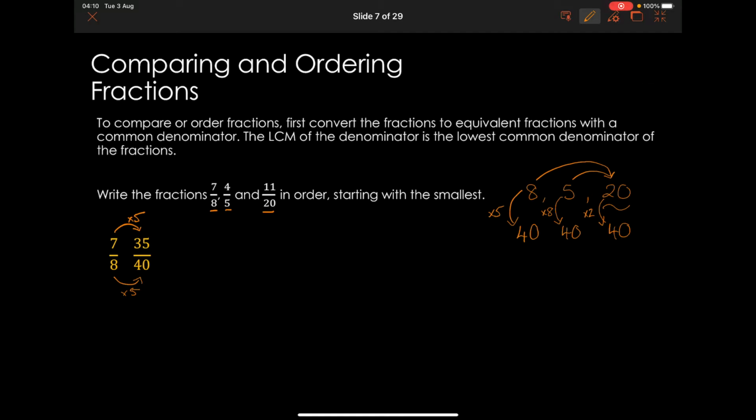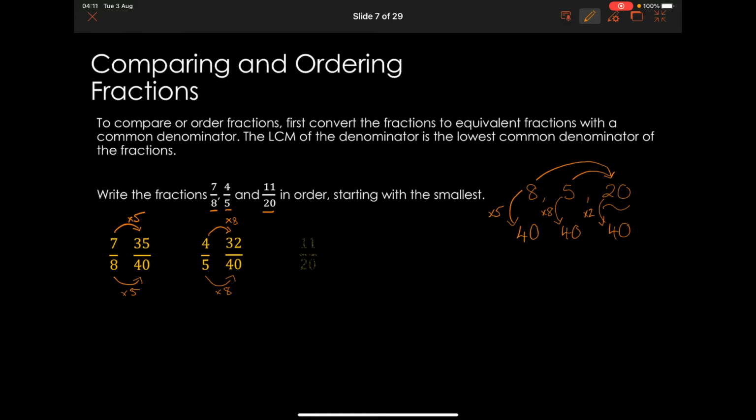So that means I would have to times that number by 5 as well, giving me 35 on the top, okay. Now if we go to 4/5, my equivalent fraction to 4/5 is 32 over 40. Because I needed 40 on the bottom, I did 5 times 8 to get 40, so I had to do 4 times 8 to get 32 on the top.